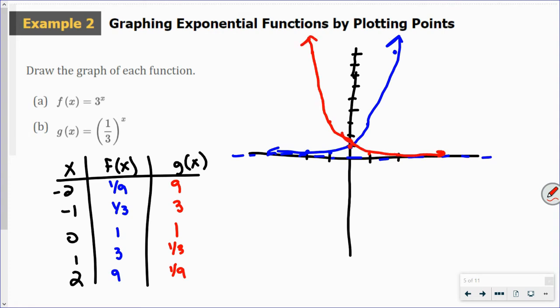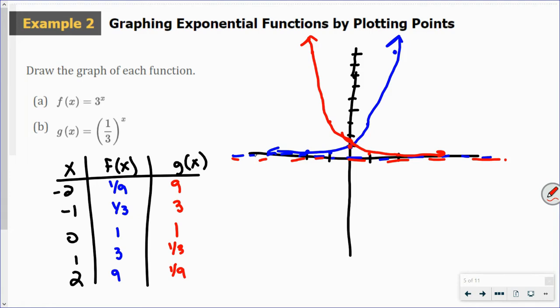Okay, so notice here, I still have y equals 0 as my horizontal asymptote. Notice here, I had a number bigger than 1 versus a number between 1 and 0. Just like the vertical stretch and shrink with b as before, or even with a, those numbers do things.